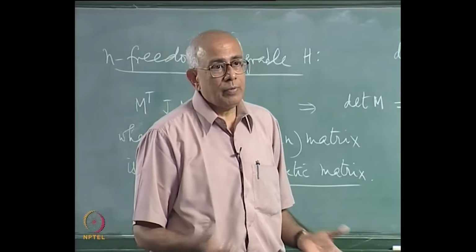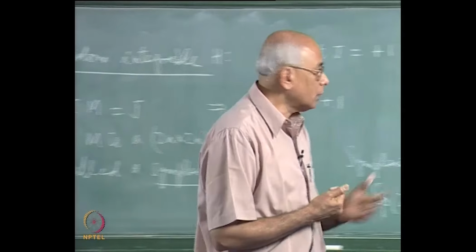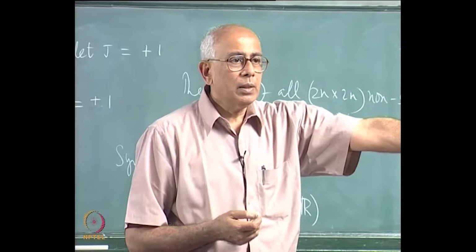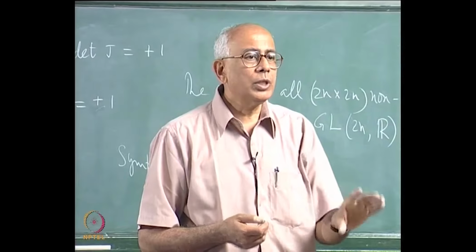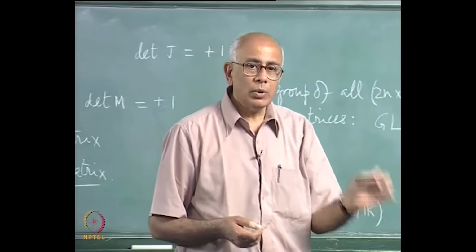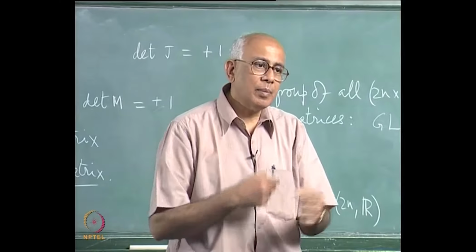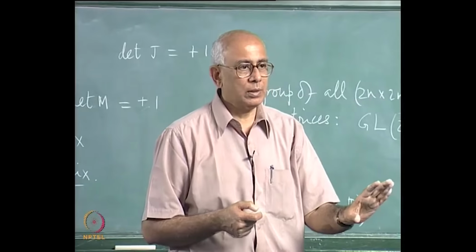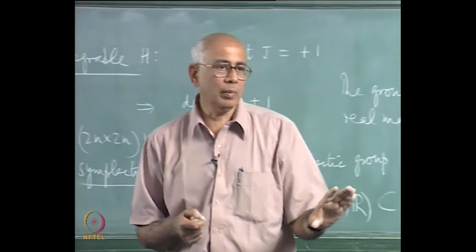The most general way of defining the dynamical symmetry group of a dynamical system is to say it is a set of transformations which leaves the solutions unchanged. Maybe it takes one solution to another and mixes up different solutions, but the solution space, the set of solutions of the dynamical equations, should remain unchanged.